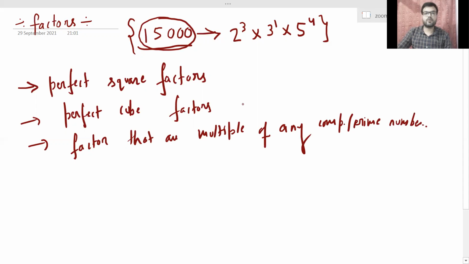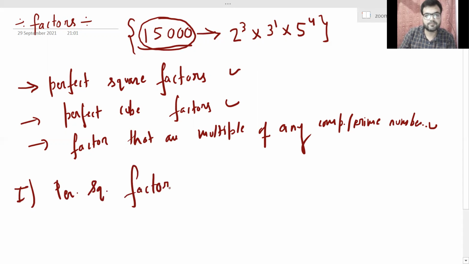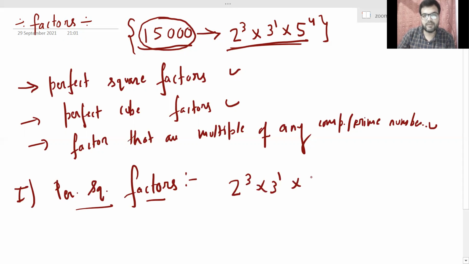Fine. So we are going to deal with these three things in this video. Let me begin first with the perfect square factors. So we have the prime factor format, 2 cube, 3 to the power 1, 5 to the power 4.